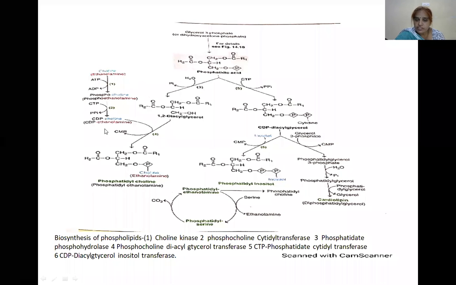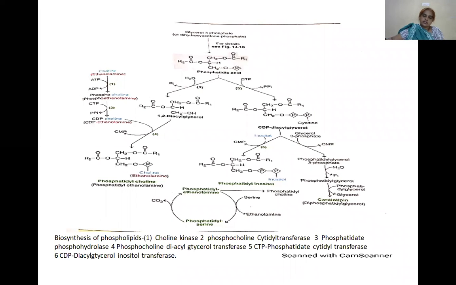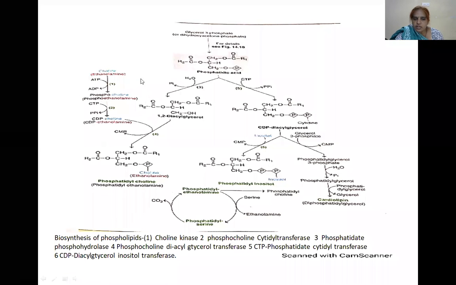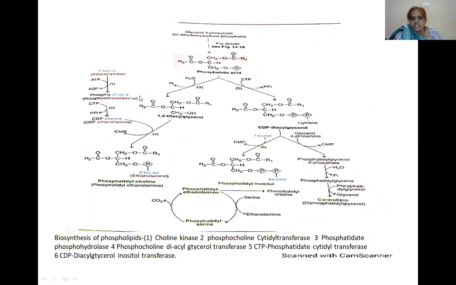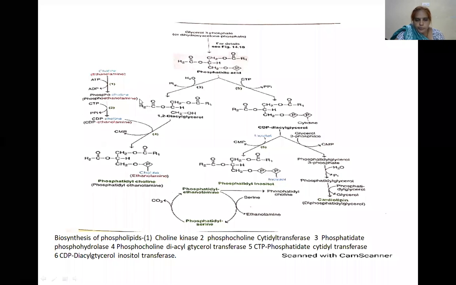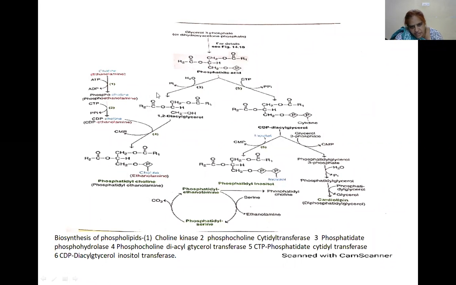Don't forget, the synthesis of the phospholipids occurs in the smooth endoplasmic reticulum. Together, these reactions forming phosphatidylcholine and phosphatidylethanolamine are considered the salvage pathway. Up to here it is the salvage pathway.